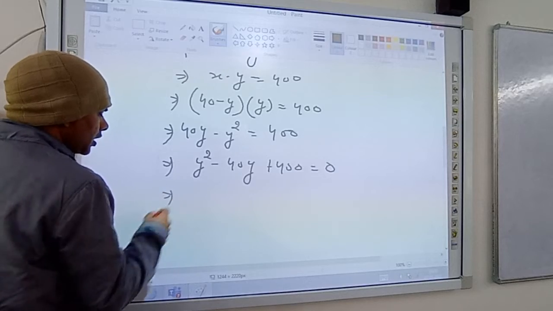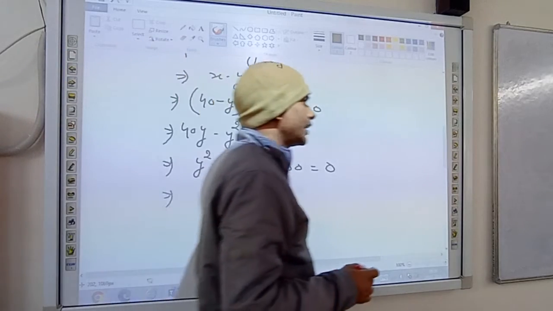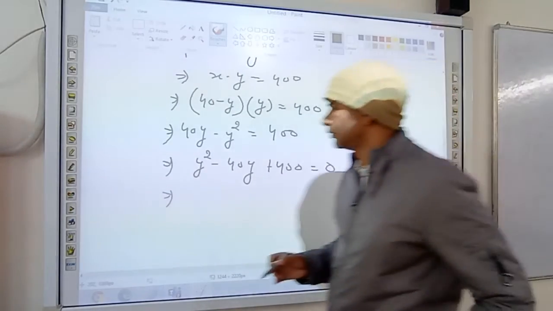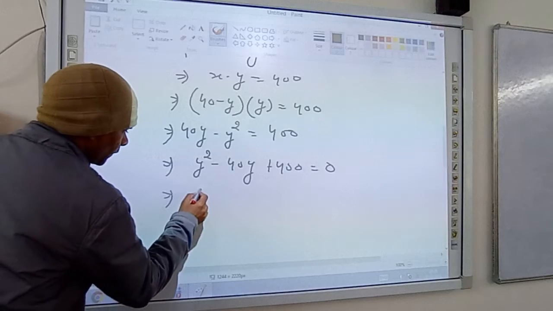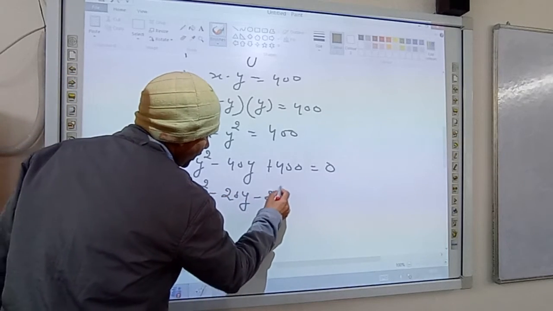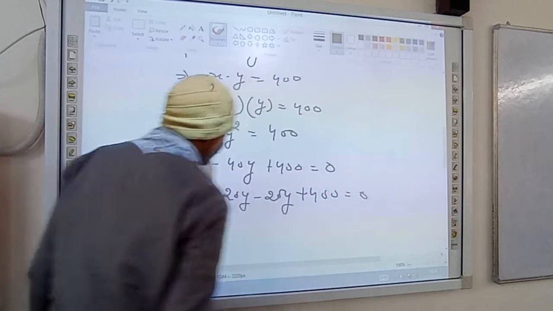Now make two factors such that multiplication is 400 and sum is minus 40, that is minus 20 and minus 20. So y square minus 20y minus 20y plus 400 equal to 0.